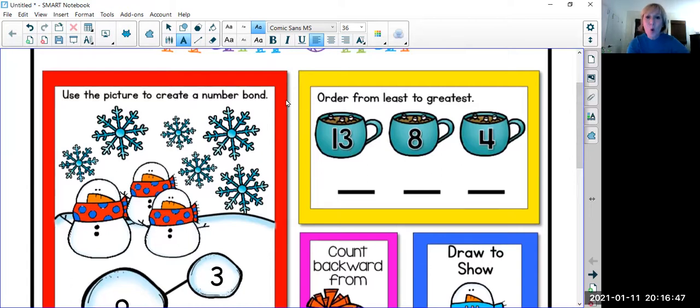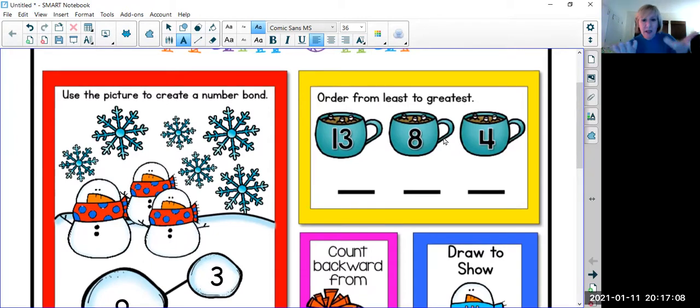Okay, let's go up here to the little hot chocolate mugs. It says order from least to greatest. Now the least means the smallest number and greatest means the biggest number. When I'm counting, let's just count and see which number comes first, because those will be the smaller numbers, right?